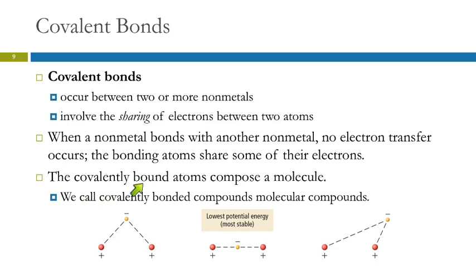So when we have covalently bound atoms where they're sharing an electron or more electrons, they compose a molecule. So we call these molecular compounds. Molecular compounds have molecules, ionic compounds have ions. These have individual molecules as the smallest particle. Well, we don't have a picture of that.